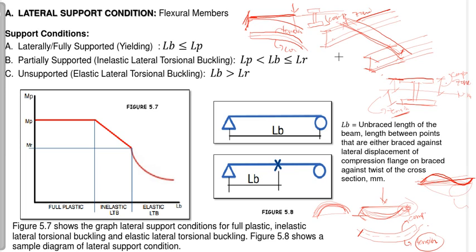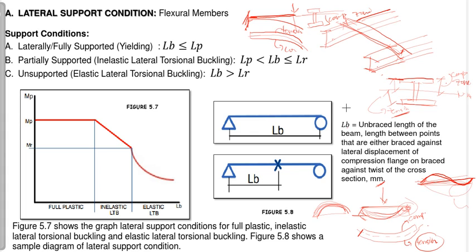We have here the Lb. So, Lb is the unbraced length of the beam. The length between points that are either braced against lateral displacement of the compression flange or braced against twist of the cross section. This is in mm.